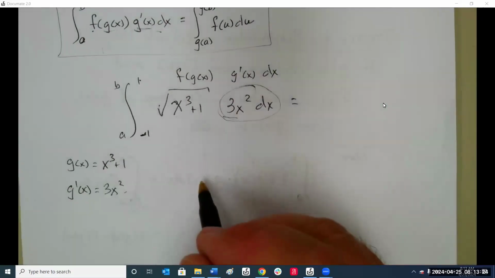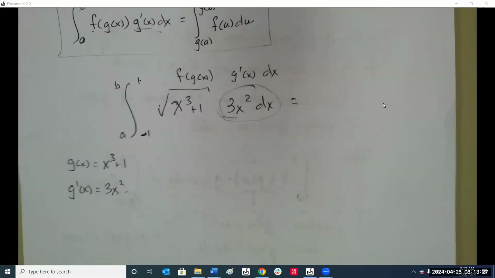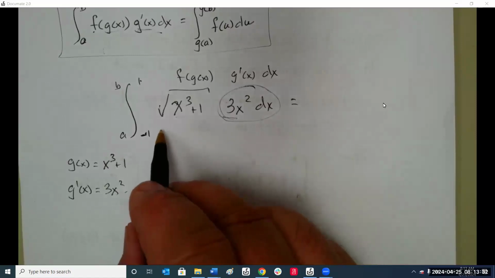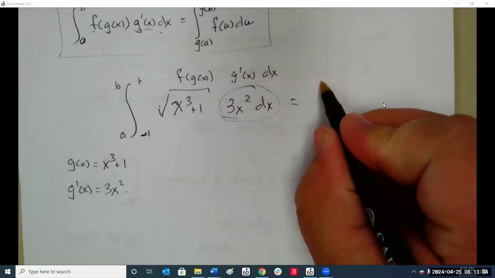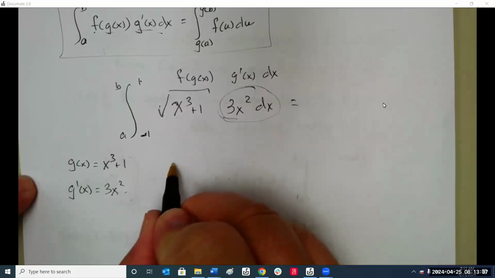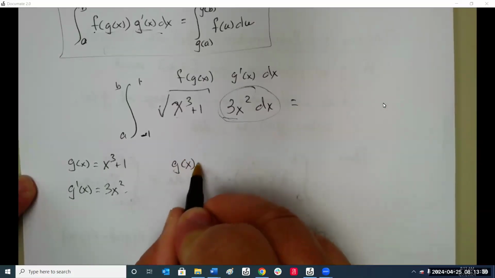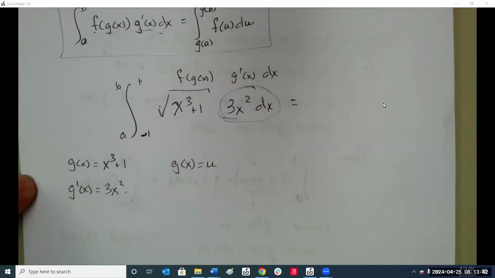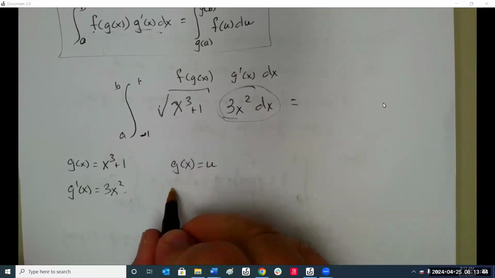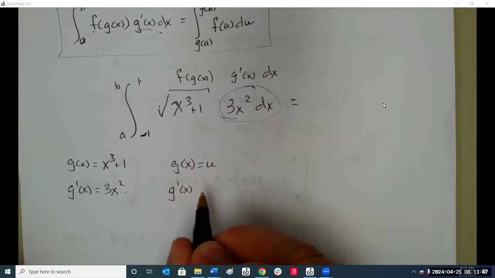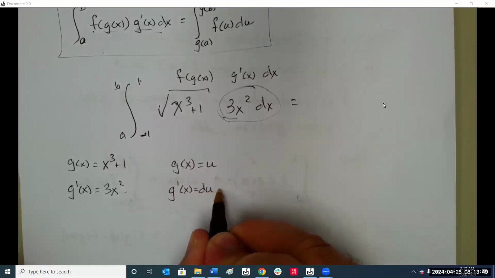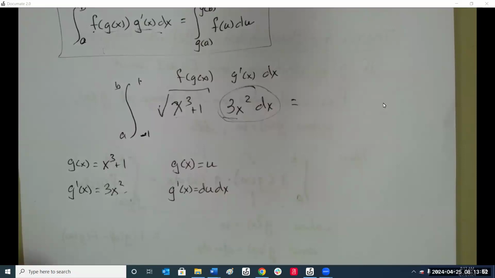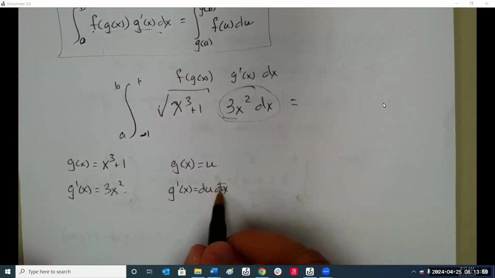So we're going to solve it this way, and then I'll show you, we'll solve it using the substitution method, leaving it in terms of u. So what we have to do here is we convert g of x to u, and g prime of x dx is du.